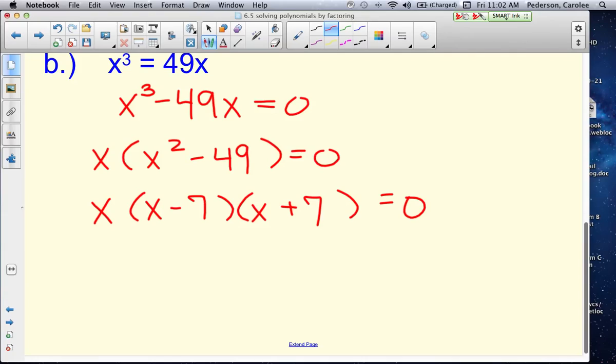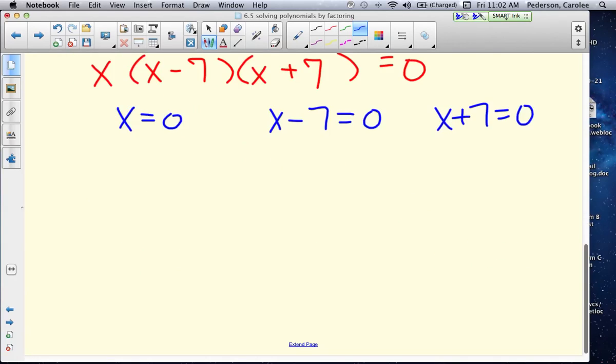A squared minus b squared equals a minus b, and then a plus b. Now I have it in factored form, so I use the zero product property, and I solve those factors for 0. So x equals 0, x minus 7 equals 0, and then x plus 7 equals 0. So I have my first solution.